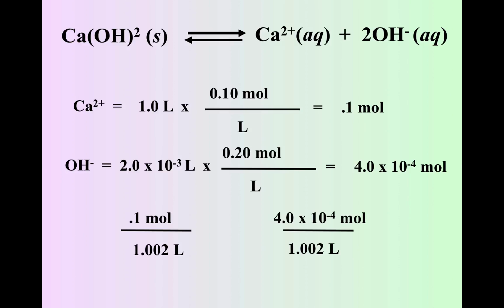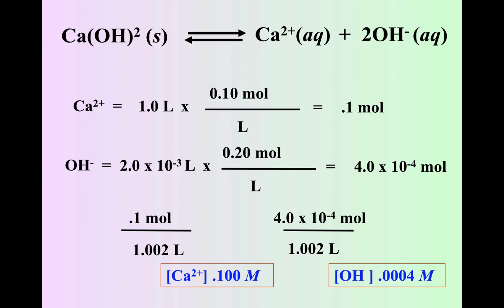Calculate moles by multiplying the volumes of each solution being added by their concentration. Divide by the total volume of the solution to get the new molarities now that you've added the two things together.